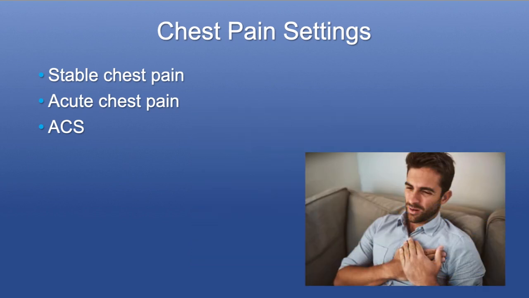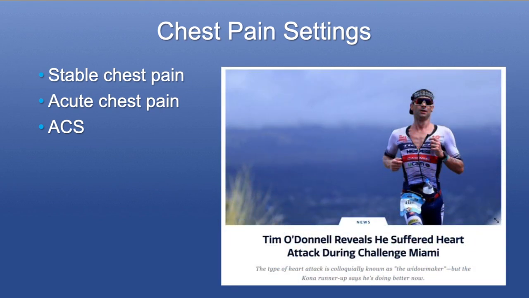And also younger patients can have pain from coronary artery disease, and in particular CT will help us to diagnose the obstructive disease, also the non-obstructive disease, and in that way tailor the therapy. And also athletes, we know from Tim O'Donnell, he had an MI while he was doing an Ironman. And so in particular, the relationship between CAD and endurance sports now is being reevaluated.